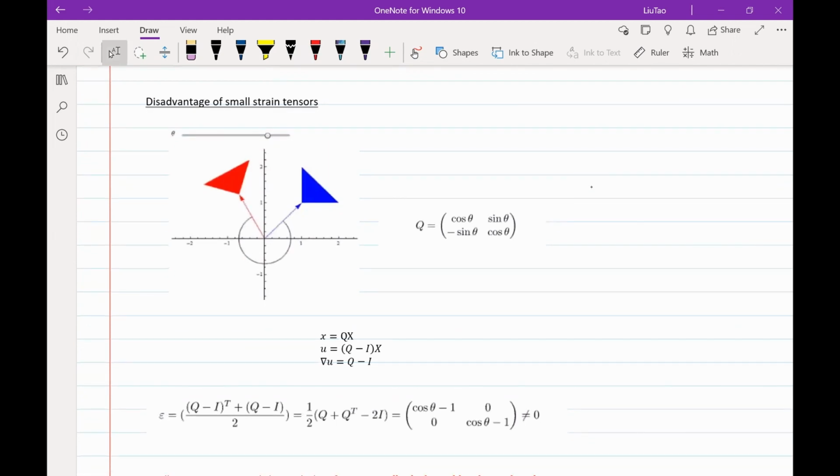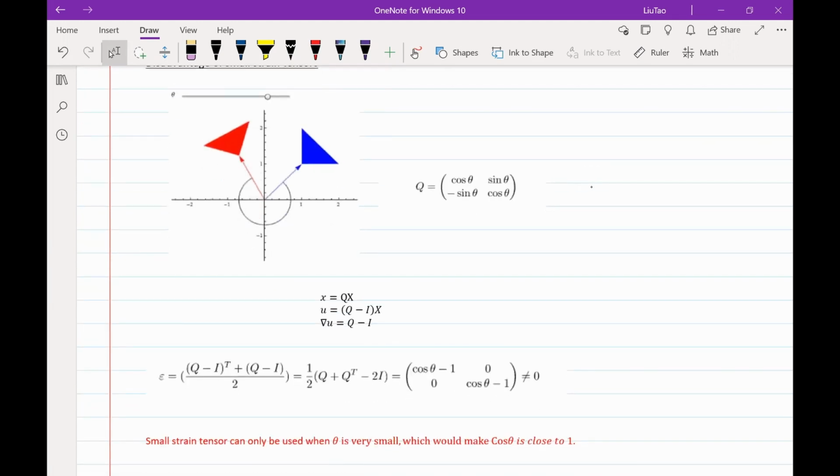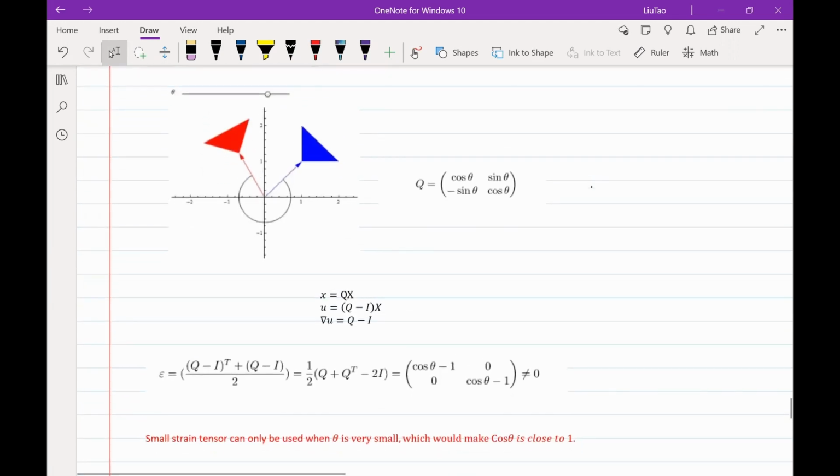So the small strain tensor has a disadvantage, which is that it can't be used to measure pure rotation. For example, here we rotate this red triangle to a new position, and the new position is here.